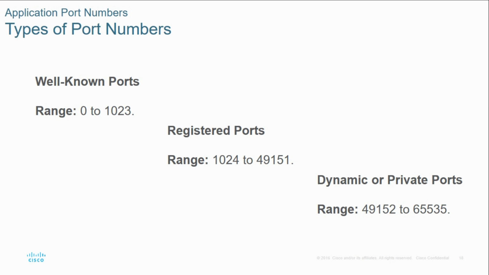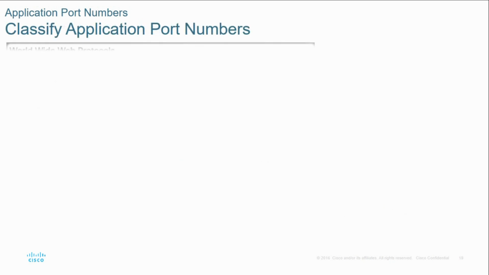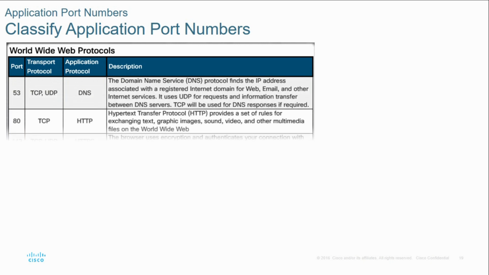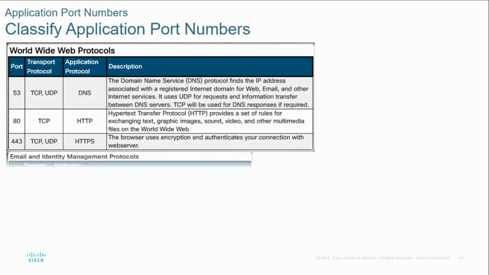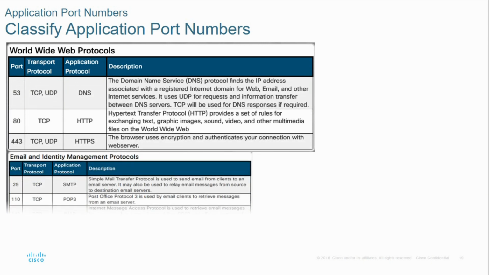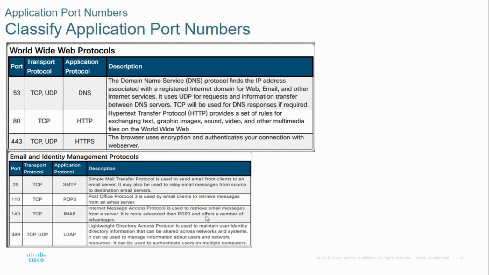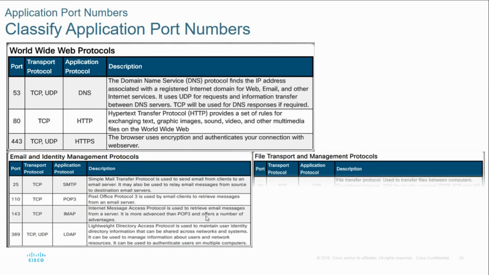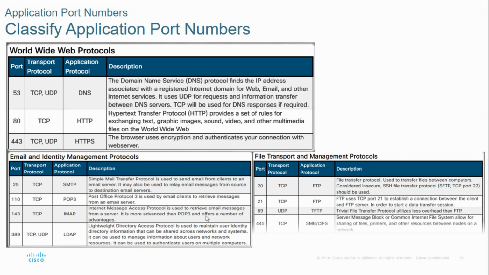There are a number of different types of application layer protocols that are identified by TCP or UDP port numbers at the transport layer. We do have the World Wide Web related protocols, email and identity management protocols, and the file transport and management protocols.